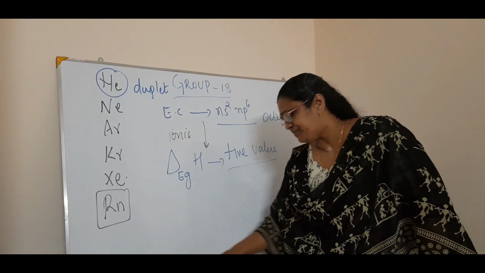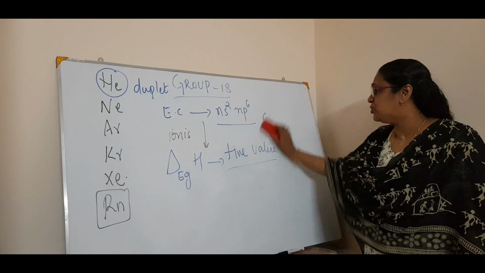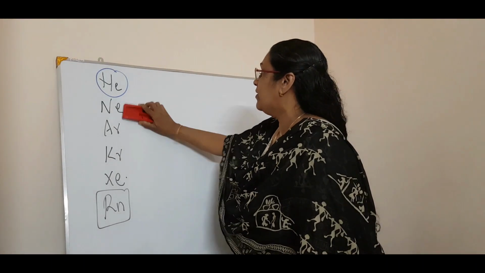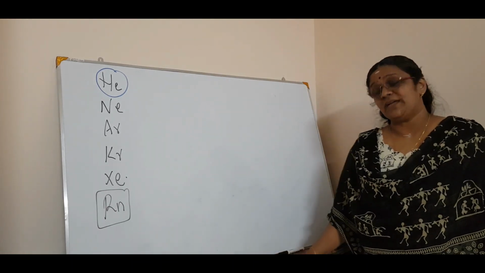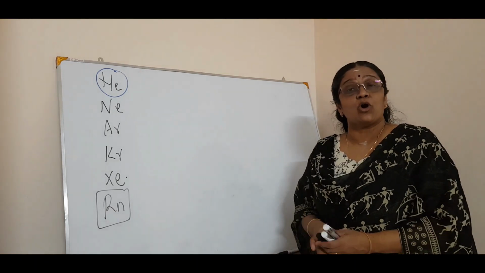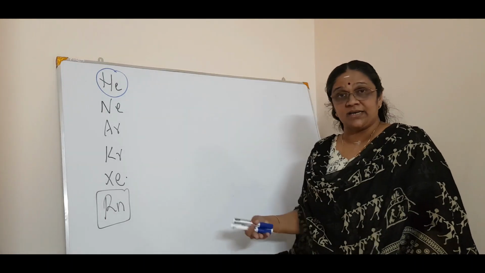Okay, so it's a very, very simple topic. Now we will come to the properties, the chemical properties of the 18th group. When you talk about the physical properties of the 18th group, we can say all the gases are monoatomic. All are gases. That is again an important thing.